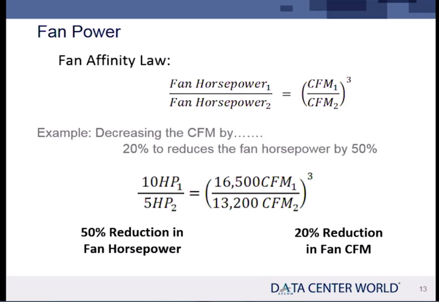These two factors, the amount of air entering the room and the temperature of the air entering the room, are the two key parameters associated with saving energy in any data center, whether it's old, new.